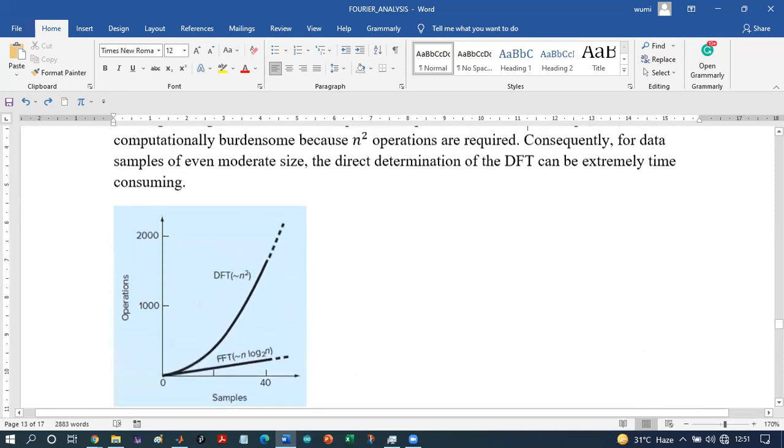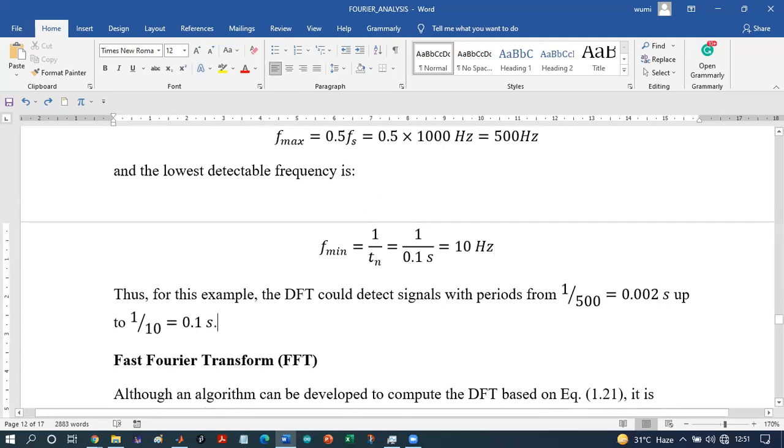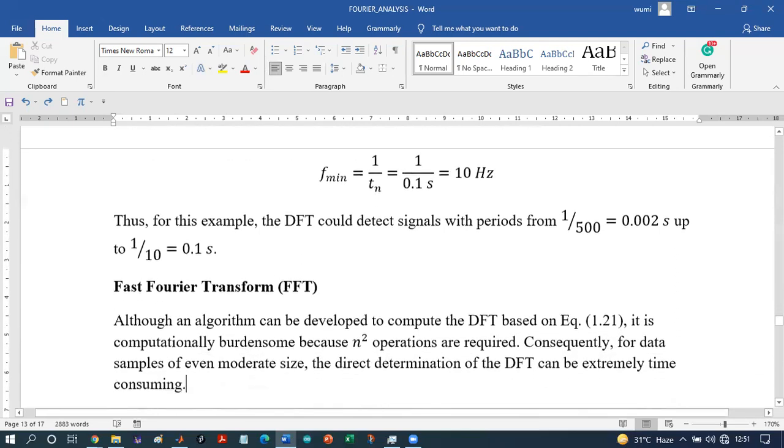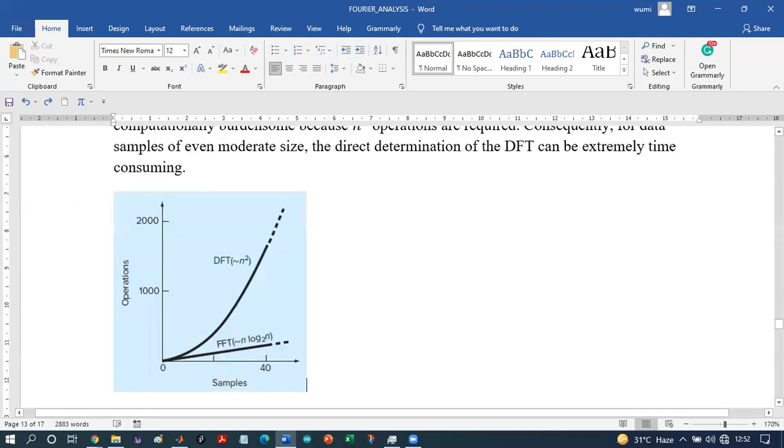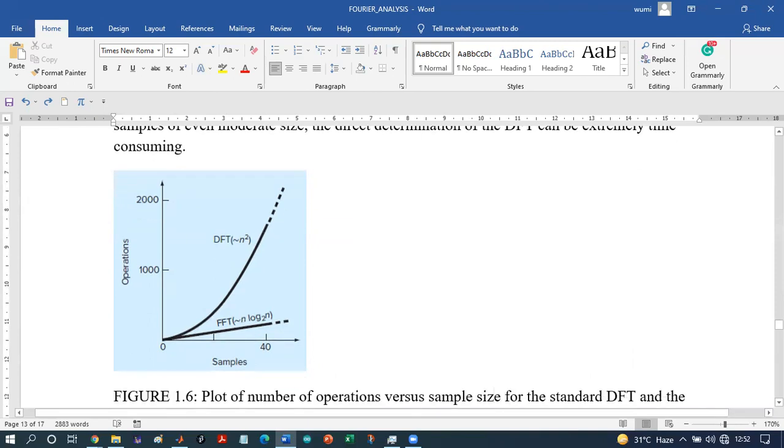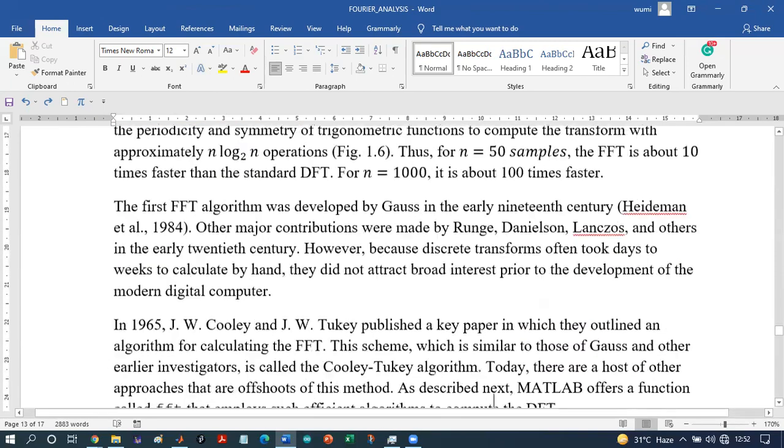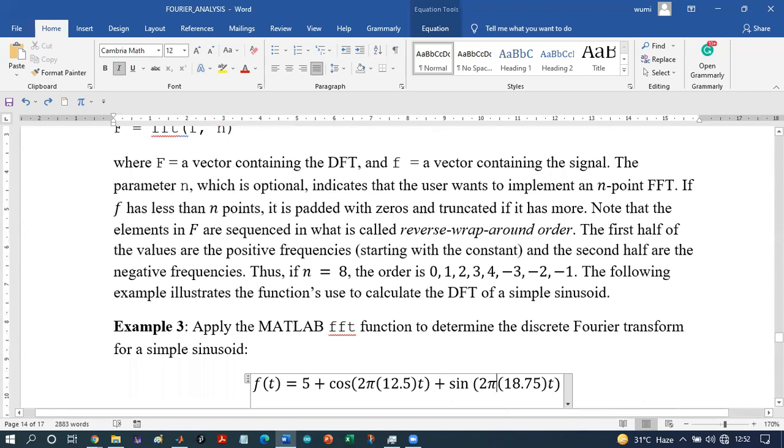So we'll talk about FFT. FFT is an algorithm that is used to calculate the DFT of a signal. We are going to use two approaches. We are going to use the Matlab approach.